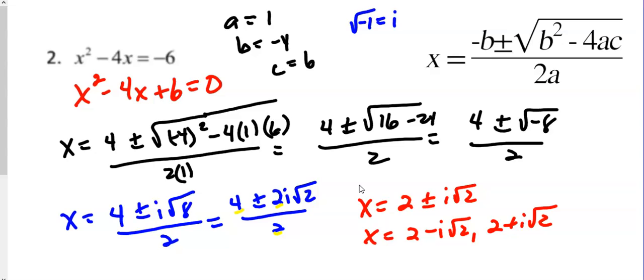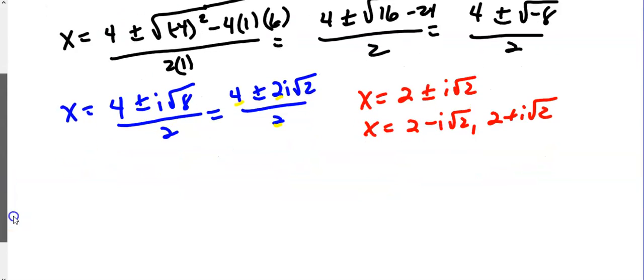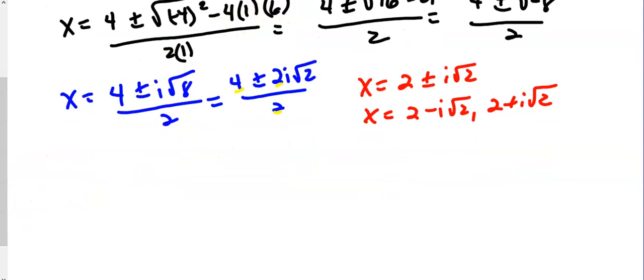So anytime the negative is under the radical, you're pulling your i out. So if we had something that was perfect, like if we had the square root of 9, we know that's equal to 3. So the square root of negative 9 is 3i.